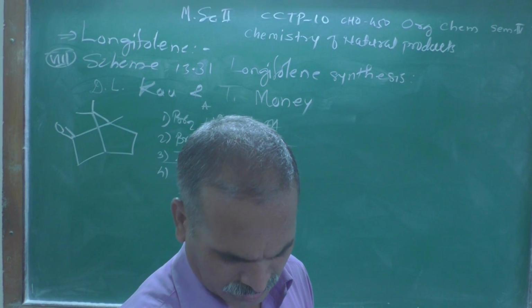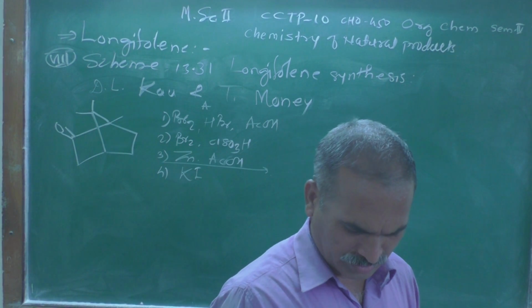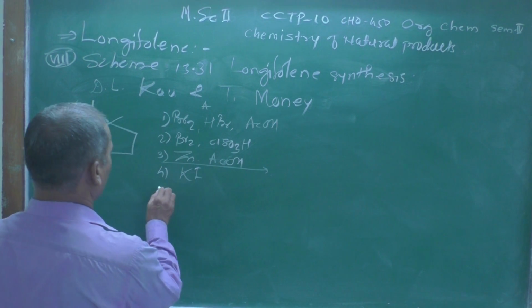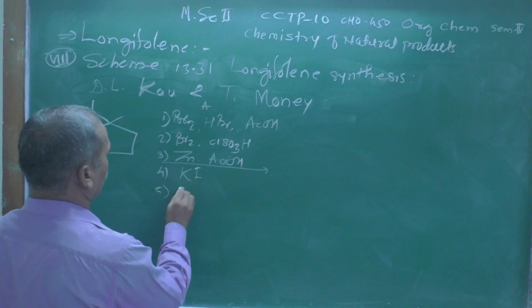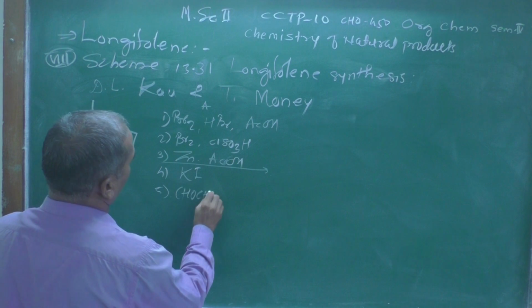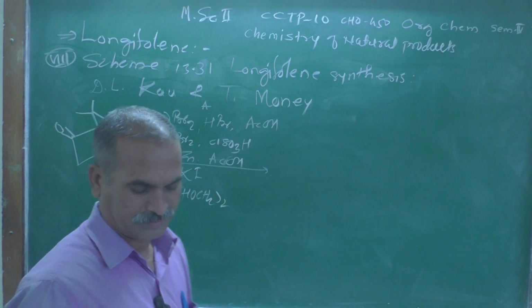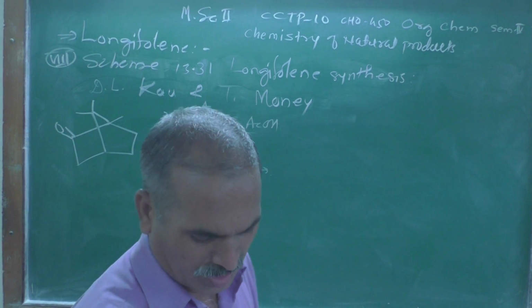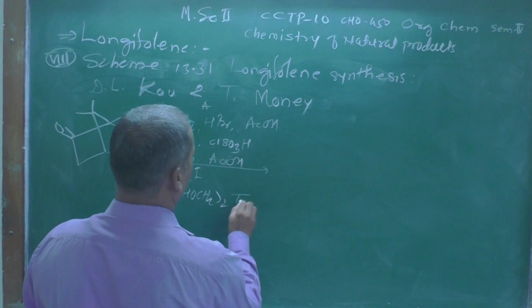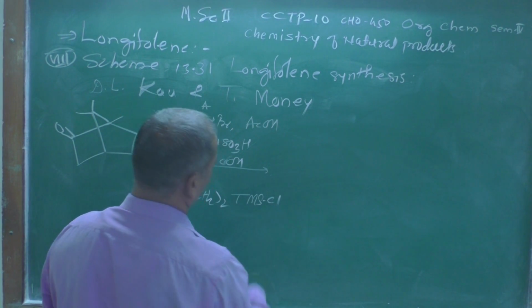The fifth reagent is HOCH2CH2OH and trimethylsilyl chloride, TMSCl.